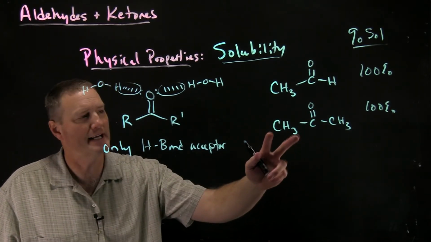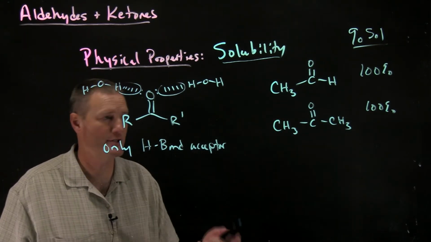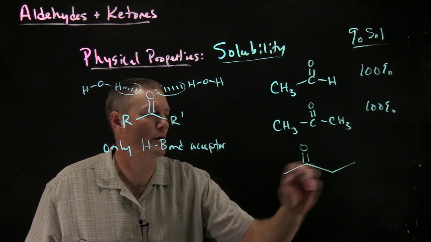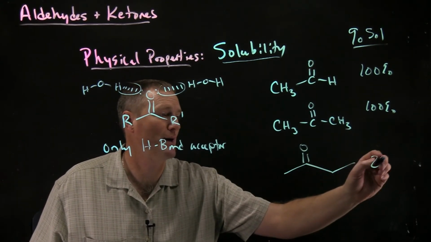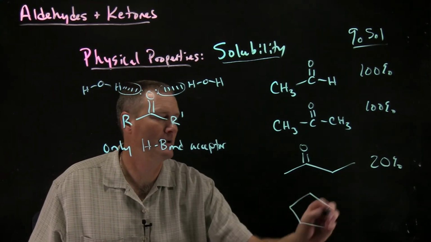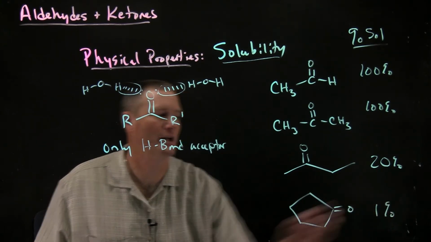But as we start to increase the carbon chain of carbonyls, the solubility starts to go down. So if I now looked at, say, 2-butanone, where I now have 4 carbons, this goes down to about 20%. And something like, say, cyclopentanone, it's now down at like 1% solubility.